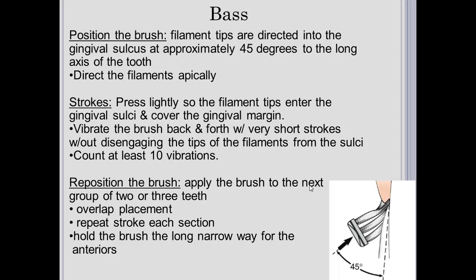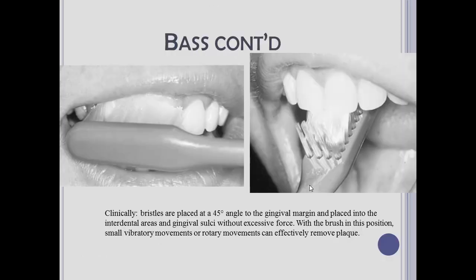Okay, you want to vibrate the brush back and forth, really gentle and very lightly, and then count to 10. You then reposition to the next tooth, or next one or two teeth, depending on the length of the bristles. You want to make sure that you overlap and you repeat the stroke for each section. Okay, and you hold the brush the long, narrow way for the interiors.